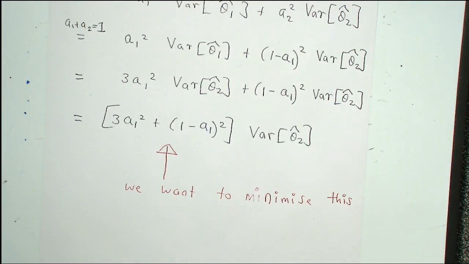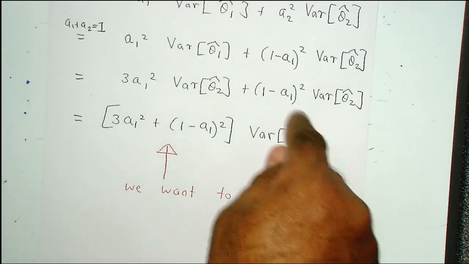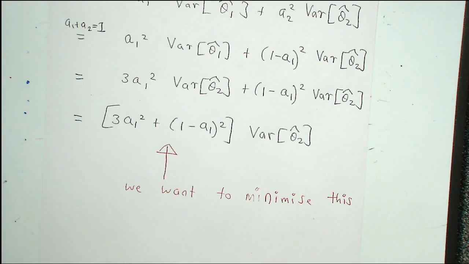Now, remember, the smaller the variance, the better the estimator, right? The smaller the MSE, the better the estimator. So we want to minimize this guy here. Now, how do we minimize this, guys? This goes back to your calculus. How do you minimize a function?